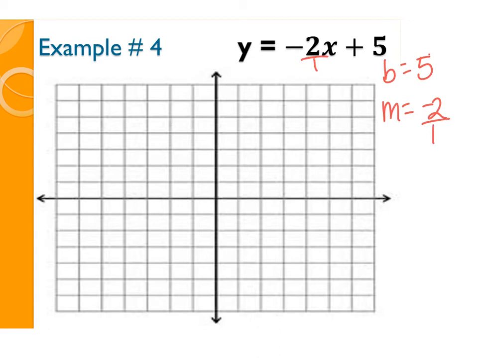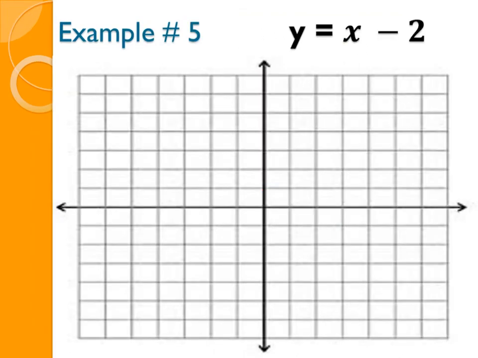So I'm going to plot my positive 5, 1, 2, 3, 4, 5. I'm going to go down 2 over 1. We can also go up 2 to the left 1. It'll still be negative. And I'm going to plot my points. If you plot a point that would not make a straight line, then you've done something wrong.